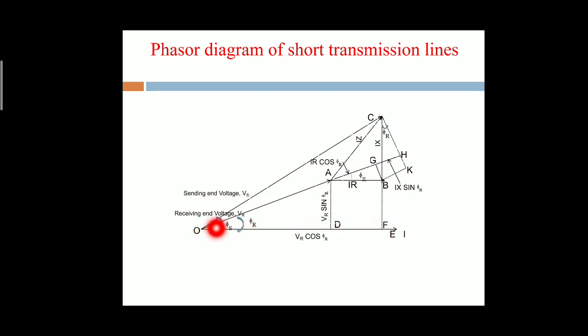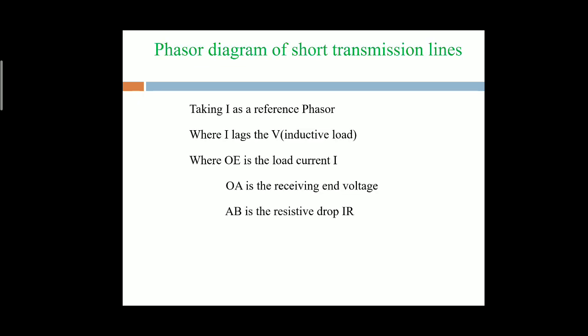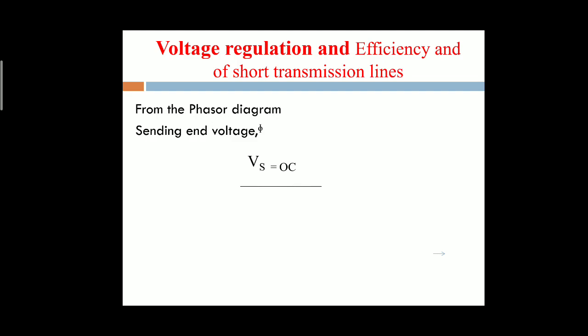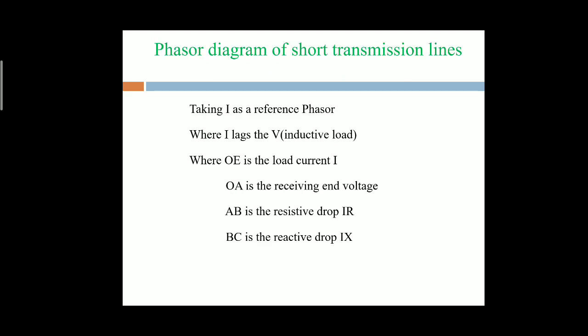That means OC equals the square root of OF square plus FC square. Therefore, Vs equals OC, which equals the square root of OF square plus FC square.